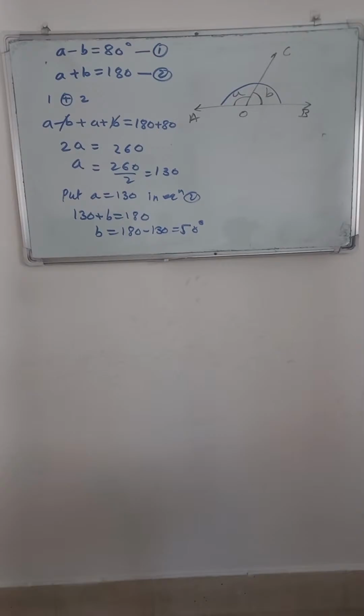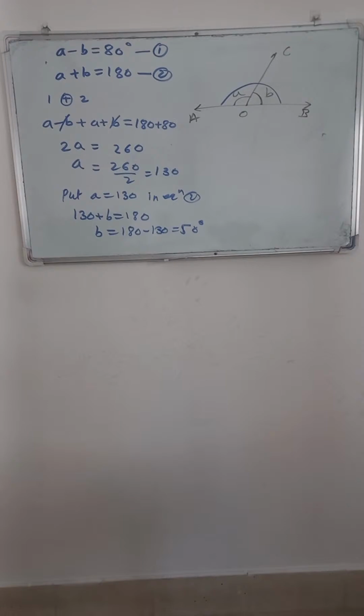Okay, then write down the next one. In the given figure, PO is perpendicular to AB.